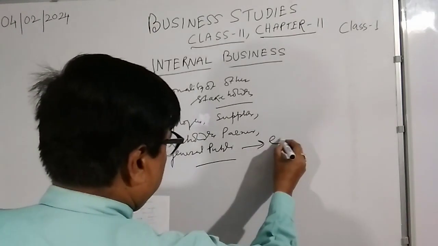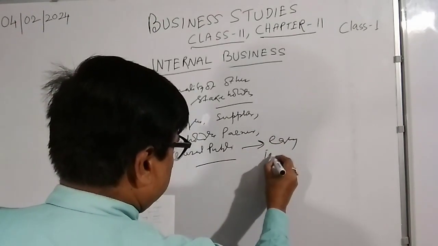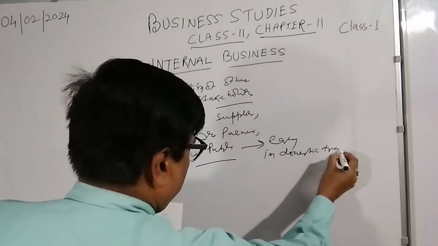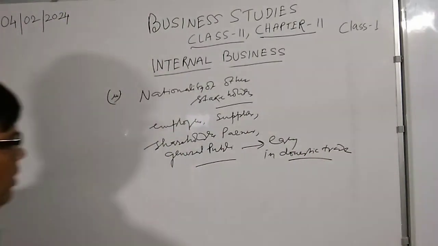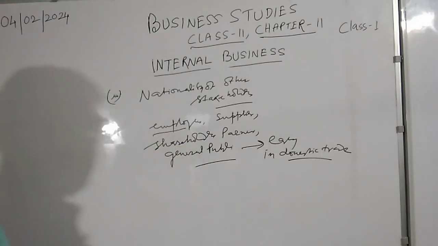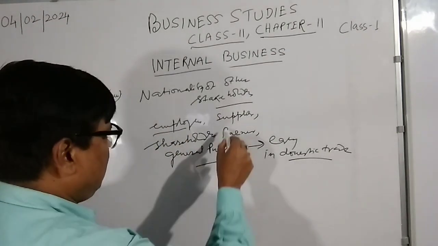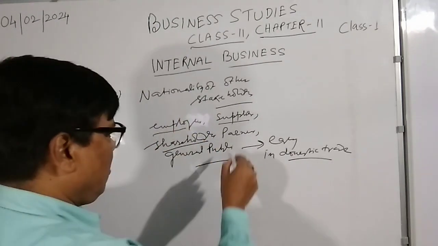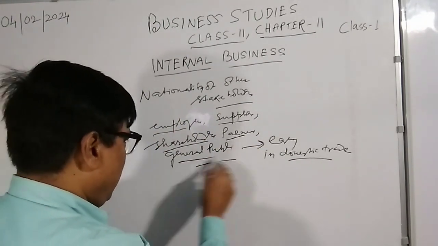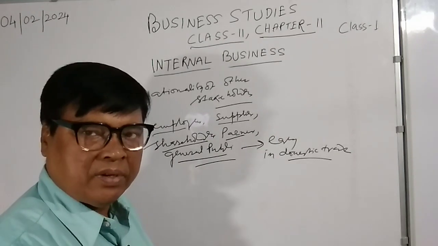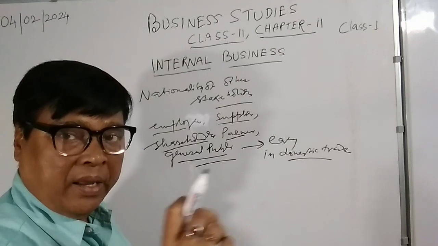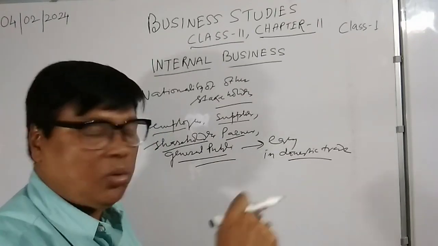These are easy in domestic trade, because in your own country you know the nature of your own employees and suppliers, you know about the shareholders, you know your partners, and the general public's tastes, concepts, understanding and behavior are a little bit known to you.